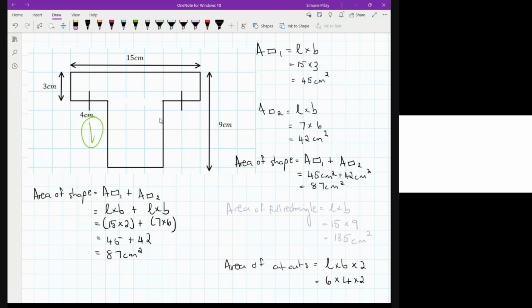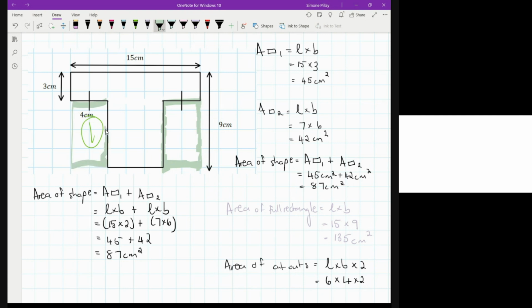Okay, so where did I get that? I am calculating the area of this rectangle over here, and the area of that same rectangle on the other side.